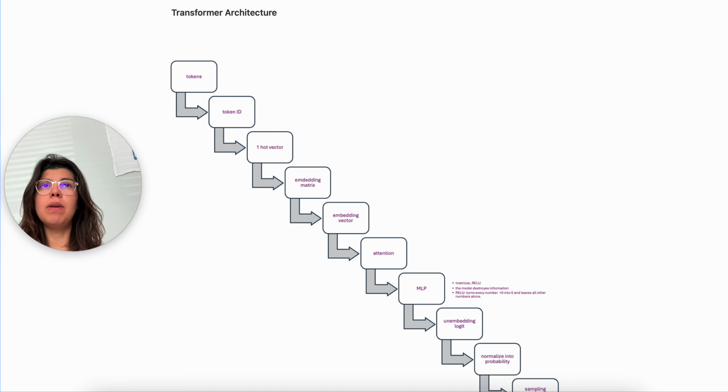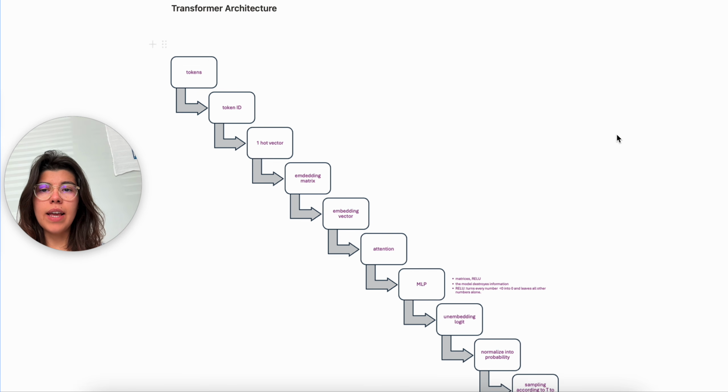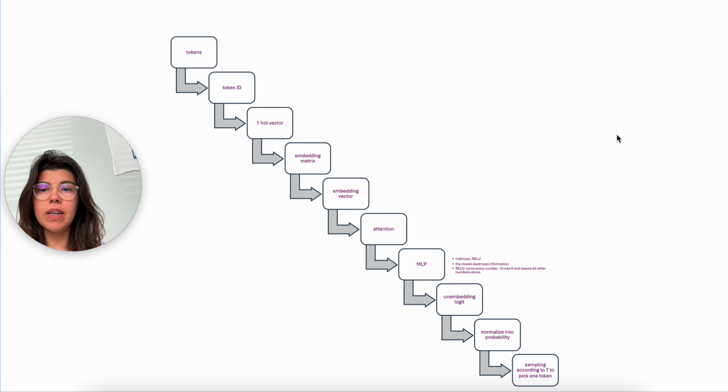What happens in between, because computers do not read natural language, is exactly this processing, this transformation of the information of the input in the way that you see outlined in this diagram here.